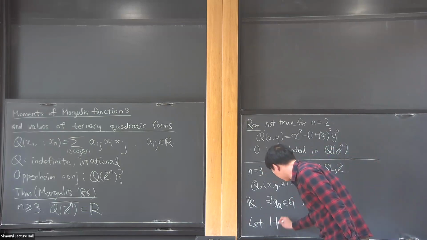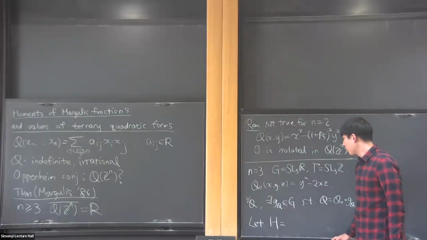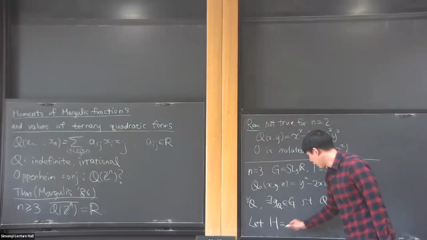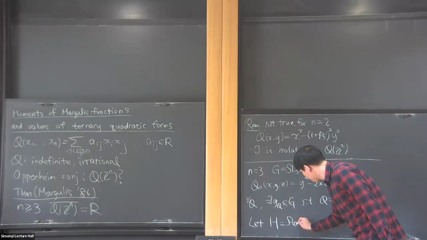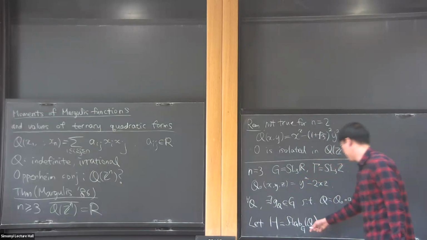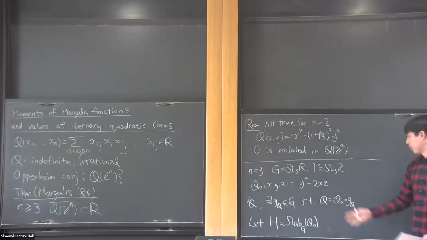And let me consider a subgroup of G denoted by H, the stabilizer subgroup of this quadratic form Q0.